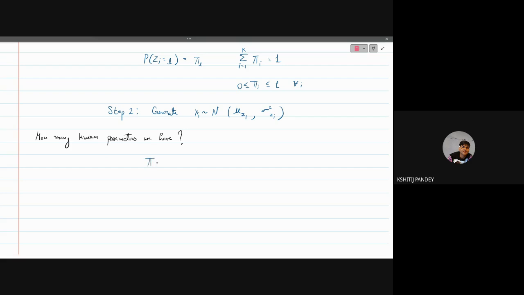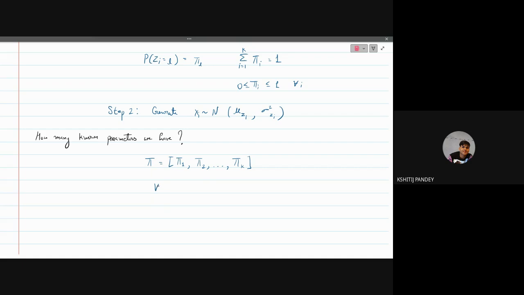So you have pi's, let's say the pi vector has all the pi's. Corresponding to each mixture, you will have a value of pi. For mixture 1, you have pi 1. For mixture 2, you have pi 2. And if you have k mixtures, you have k pi's corresponding to the probabilities.